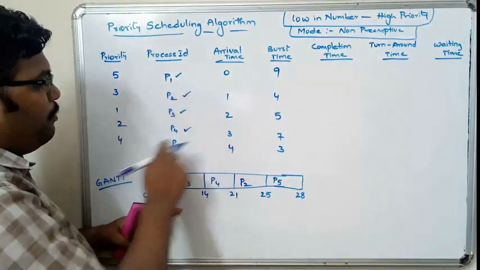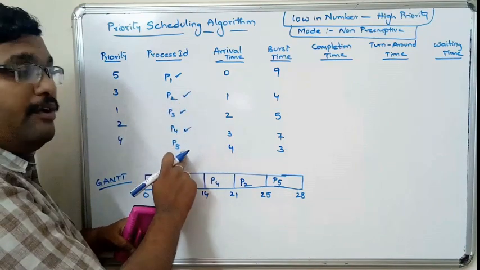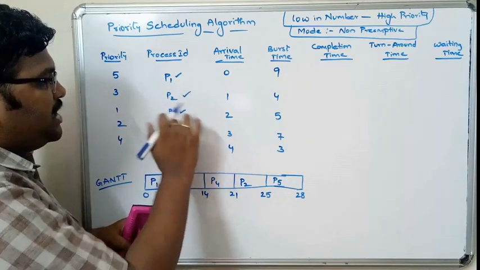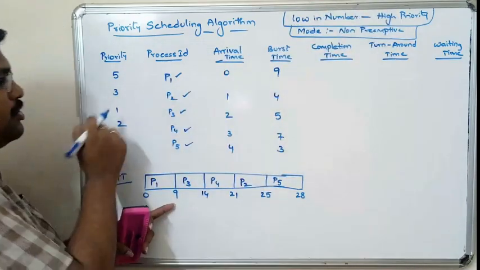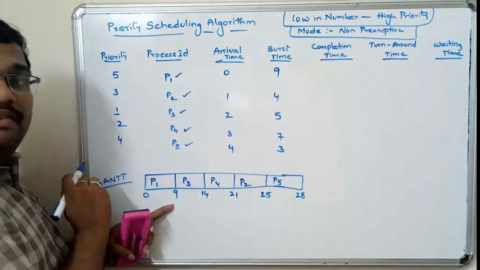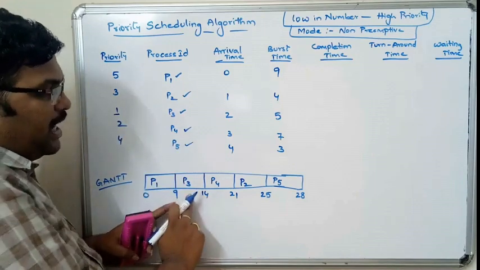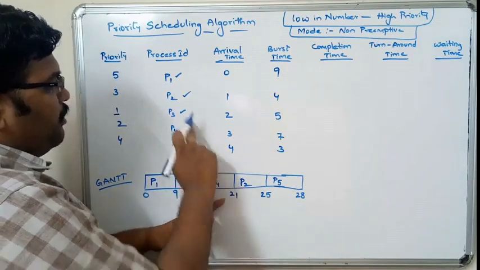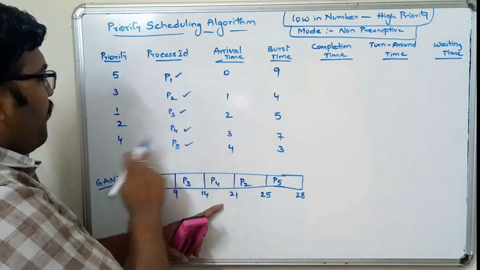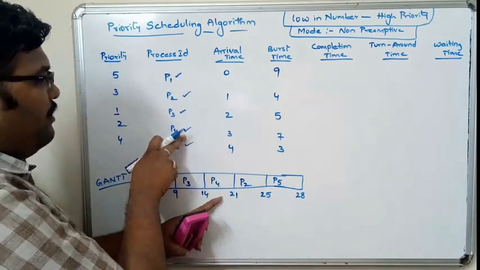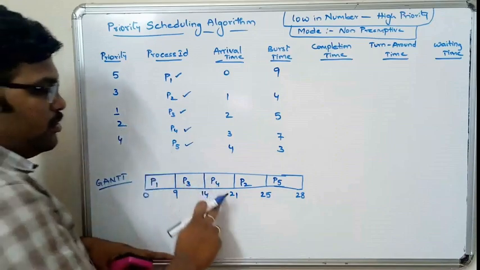So at the time 9, there are 4 processes available, P2, P3, P4, P5. Among these 4 processes, P3 is having the highest priority because low in number, high priority. So P3 is allocated, and then after completion of P3, 3 processes are available. Among these 3, P4 is having the highest priority with number 2.